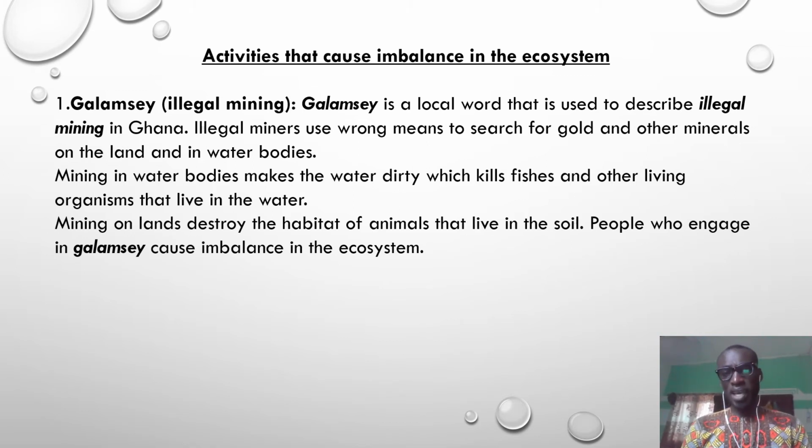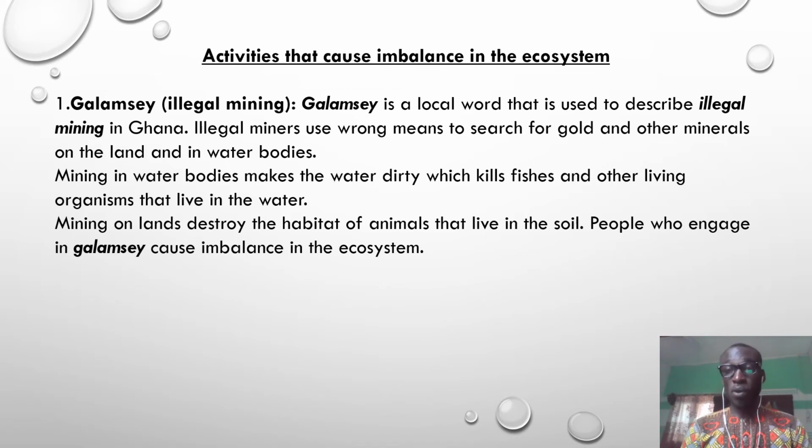So galamsey is a local word that is used to describe illegal mining in Ghana. Illegal miners use wrong means to search for gold and other minerals on the land and in water bodies. So they use any means or any other way that they have to use to get the gold and other minerals that is found in the land.